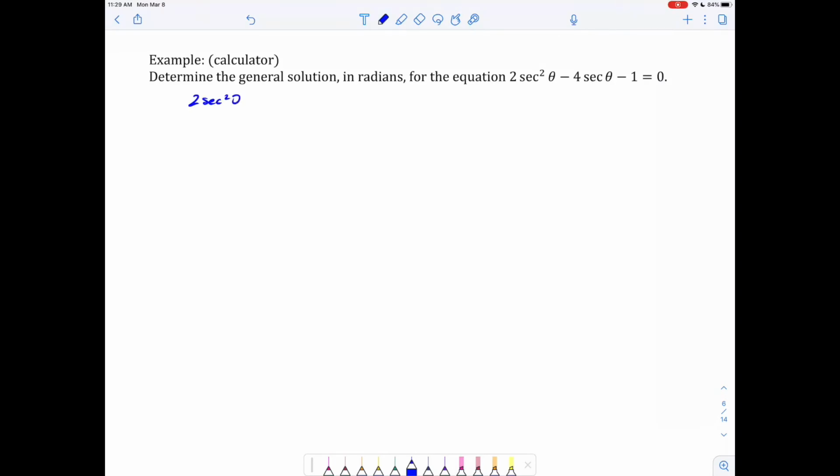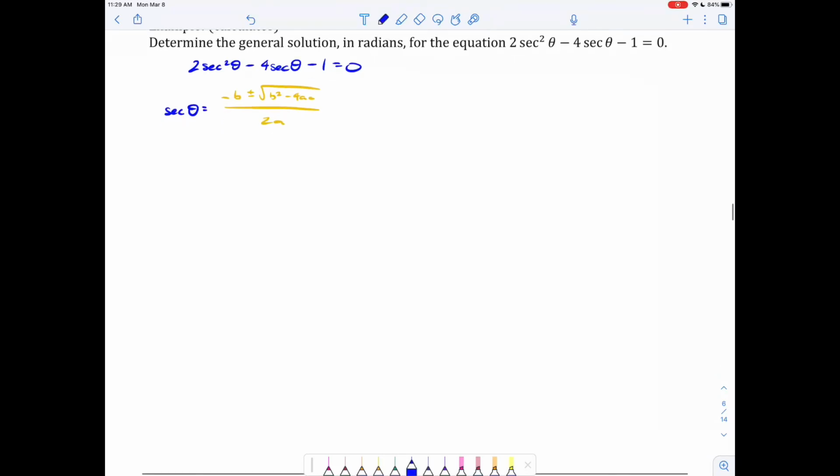So how on earth do you deal with something like this? As I mentioned earlier, that's where the quadratic formula comes into play, where secant of theta will be negative b plus or minus the square root of b squared minus 4ac all over 2a, which is on your formula sheet.